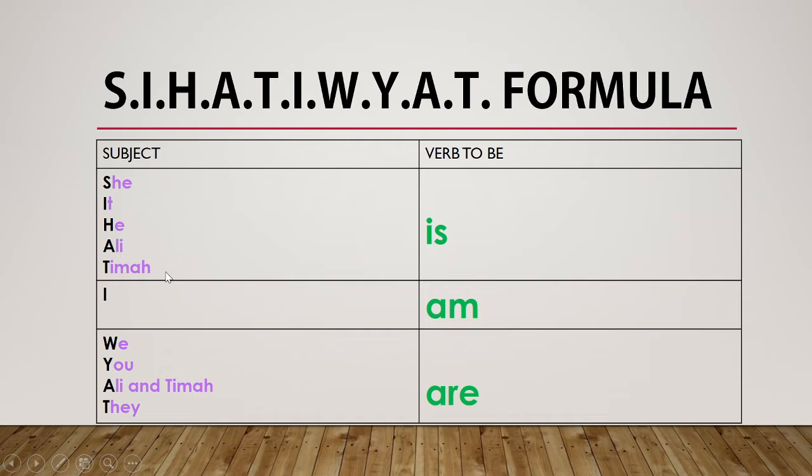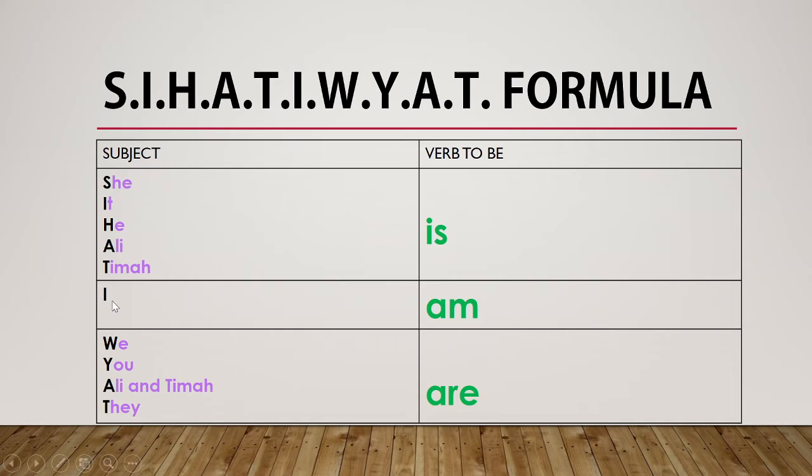Tima is a name of a girl or a woman, used to represent one person who is a girl or a woman. So you can replace Tima with any other names like Shazwani, like Putri Aldamia, or any other names, as long as it is one person.